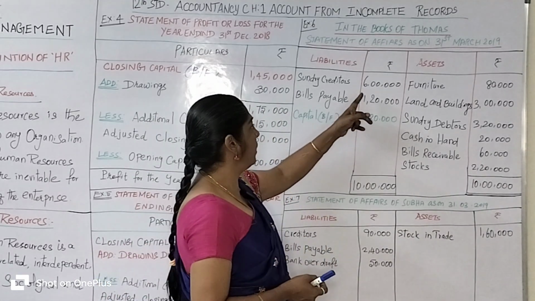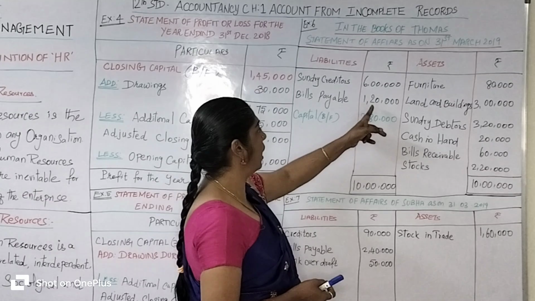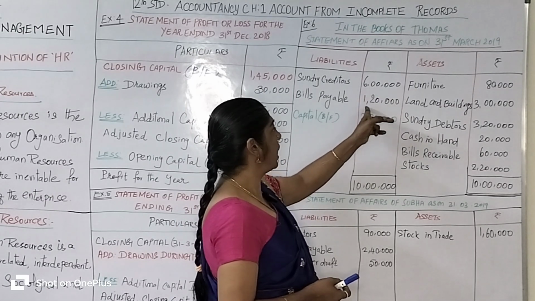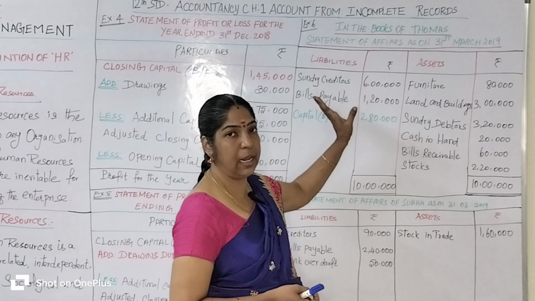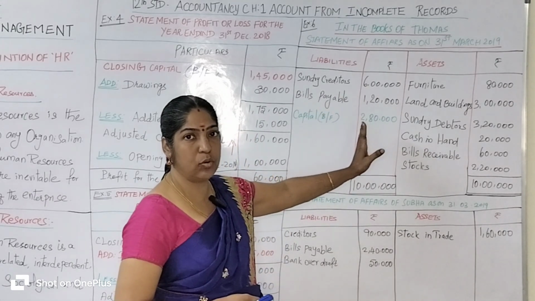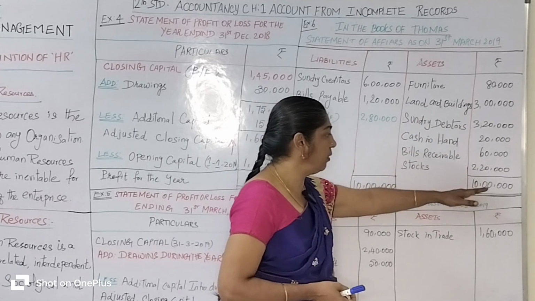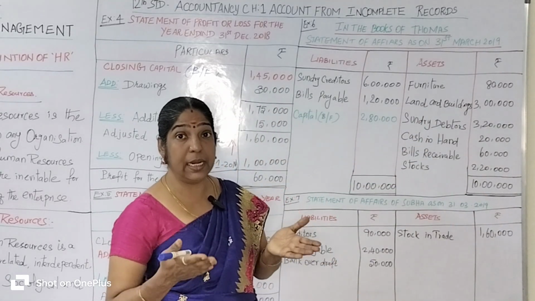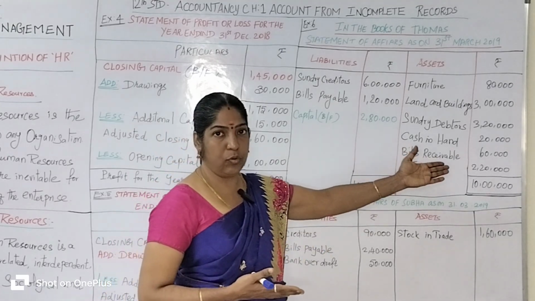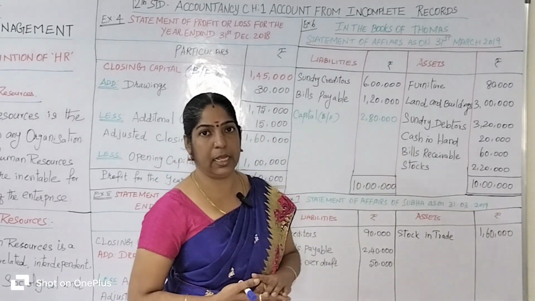Then we add the liability side, 6 lakh rupees plus 1,20,000, we got 7,20,000 rupees. Liability side we have 7,20,000 rupees, and asset side we have 10 lakh rupees. Which side has the higher value? Of course, the asset side has the higher value.